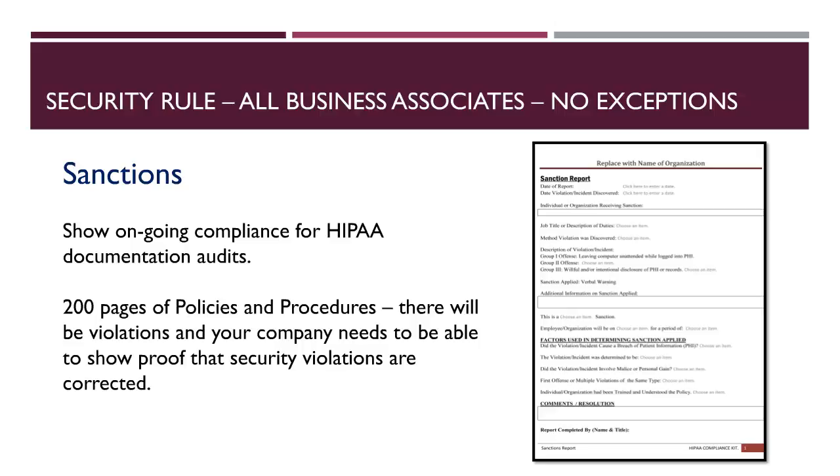You must be able to show the Office for Civil Rights that you have an ongoing compliance program. There will be violations of your policies and procedures, and to show that you have a culture of compliance, the sanctions report shows that you have identified those violations and worked to correct those violations.